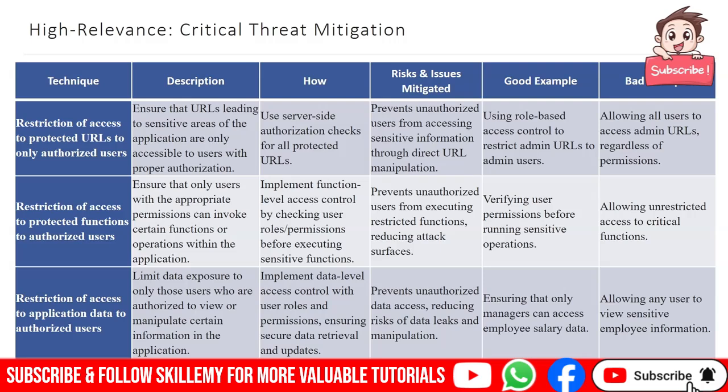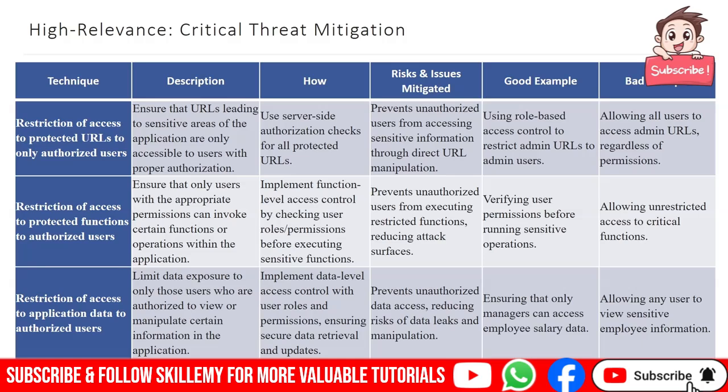This is one of the most fundamental security measures because unauthorized users could manipulate URLs to attempt to gain access to sensitive areas of an application, such as admin panels or private user dashboards. By placing server-side authorization checks on every protected URL, we ensure that only users with the correct permissions can access these areas.